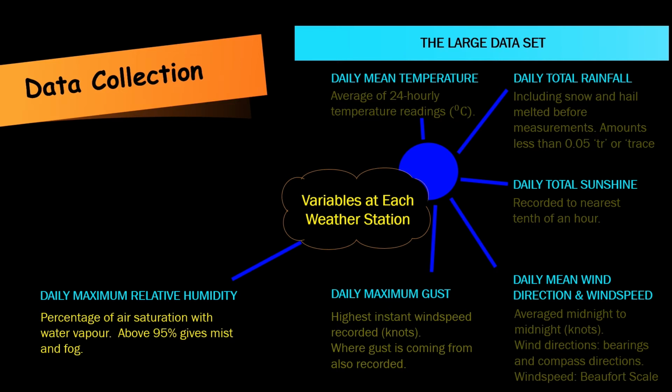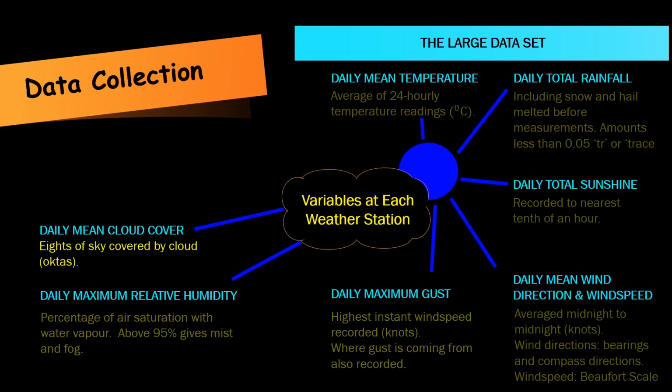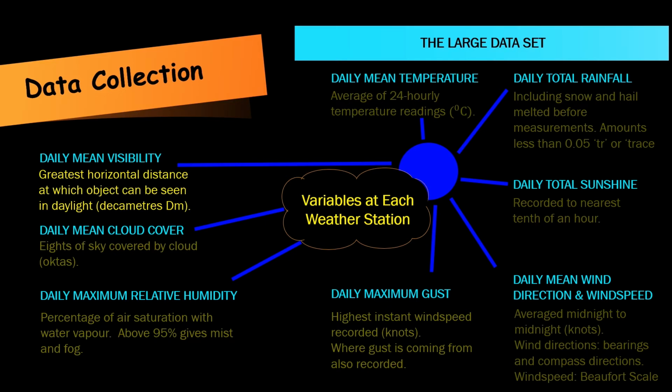Above 95% gives mist and fog. Daily mean cloud cover, that's 1/8 of the sky covered by cloud in octas. And daily mean visibility. This is the greatest horizontal distance at which an object can be seen in daylight, in decameters.